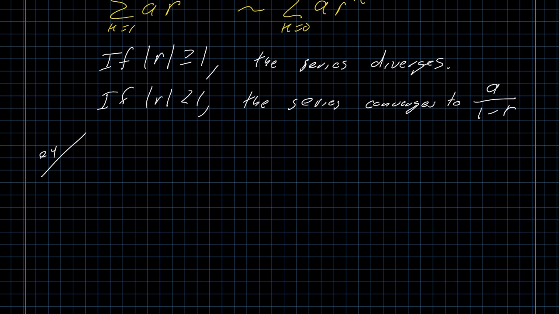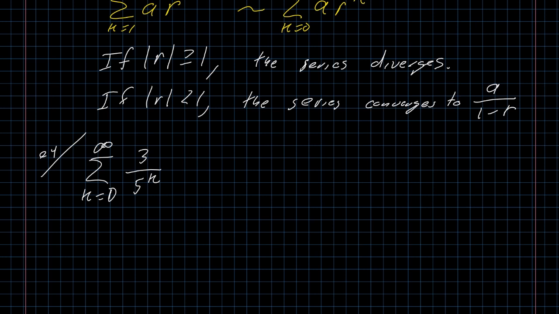So if I have something like the sum, k goes from, let's make it go from 0 to infinity of 3 over 5 to the k.